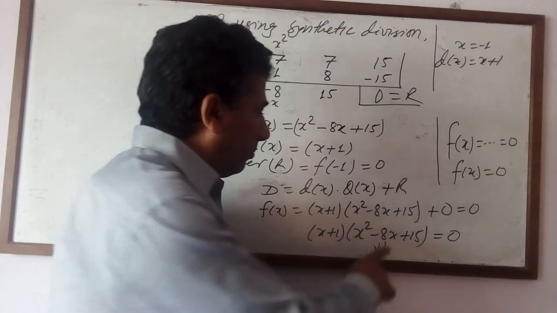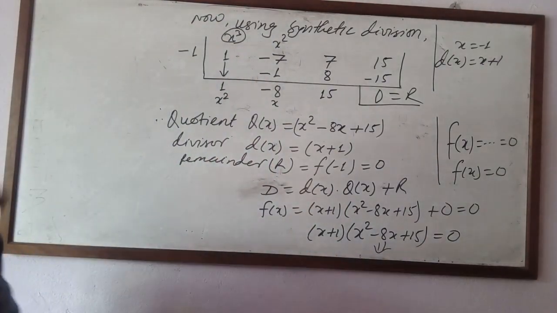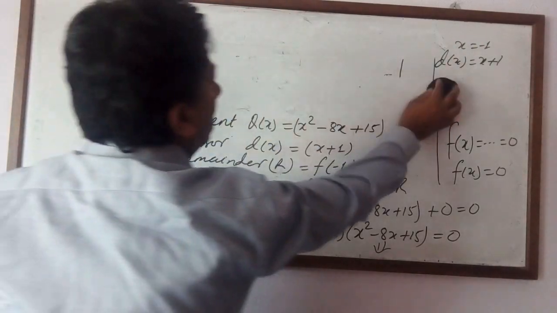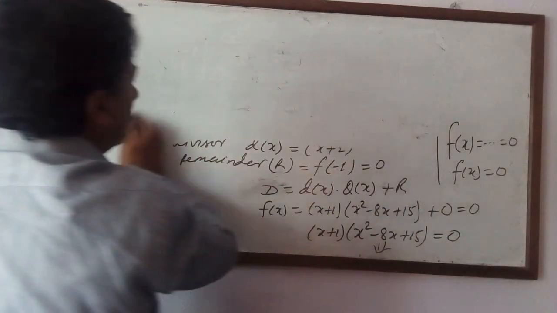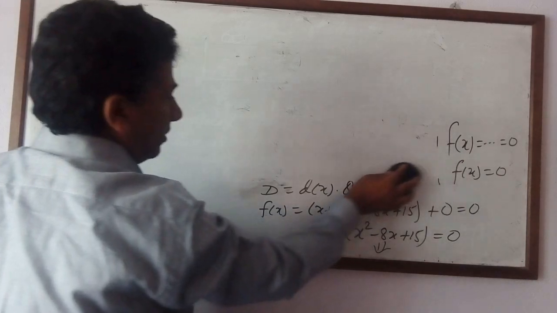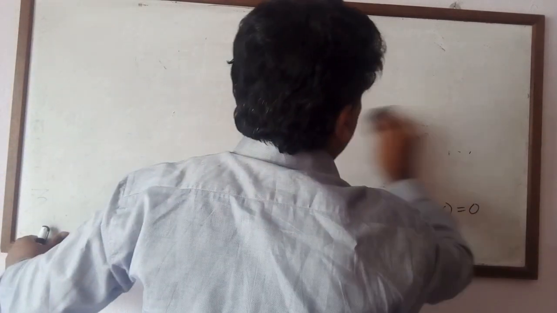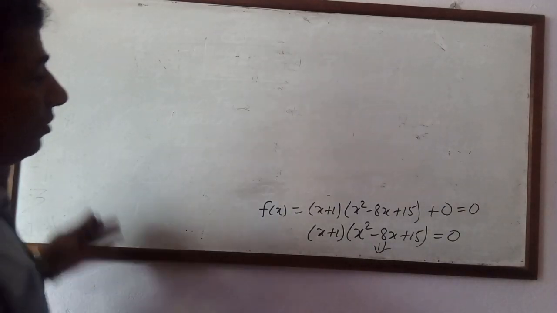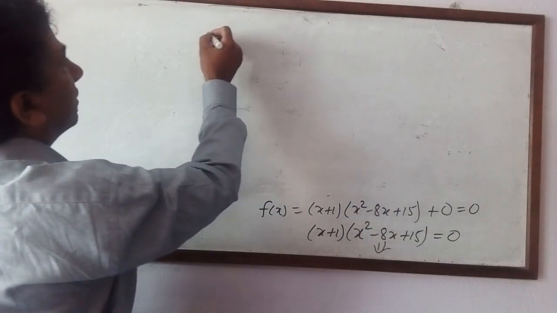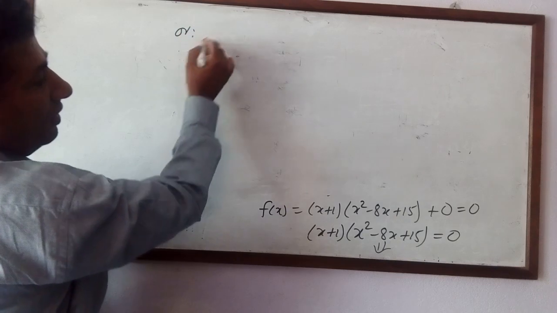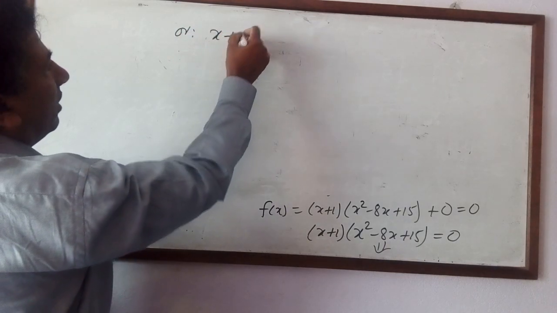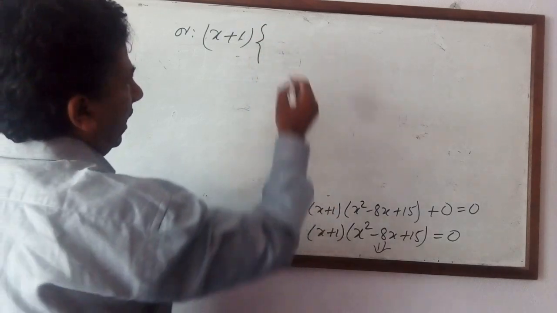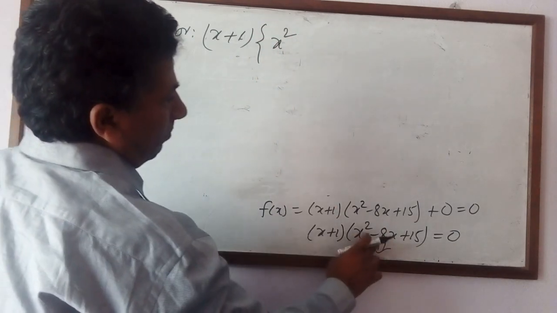Now the middle term factor. Now we have to find the factor of that quotient. Now I write this at the top again. (x plus 1) times (x square minus 8x).